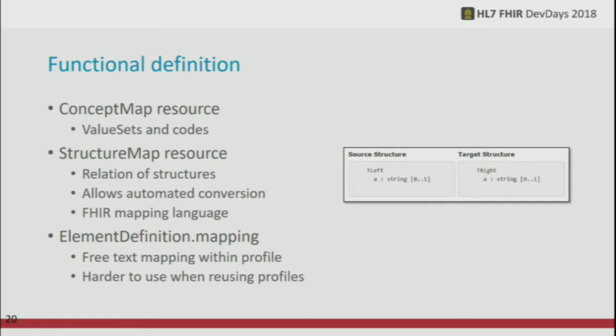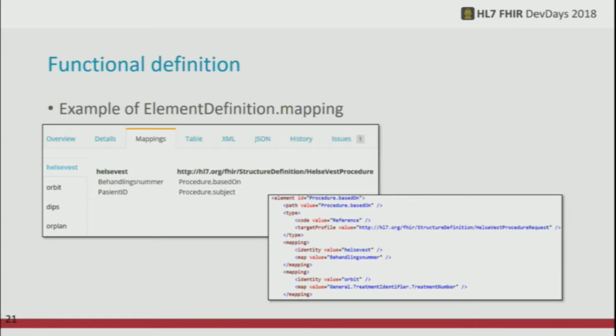But what we use most of the time is actually we capture the mappings of each element that we constrain inside of a structure definition using the mapping element or the mapping component to our functional definition. So what we get here, this is actually a Norwegian example, which we did. It's rendered really pretty in Simplifier.